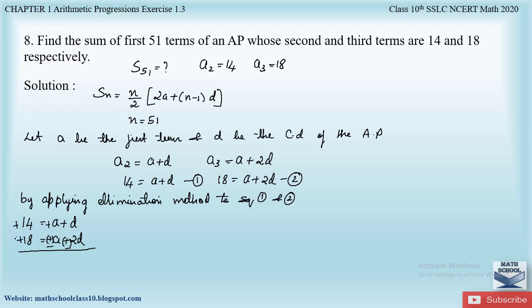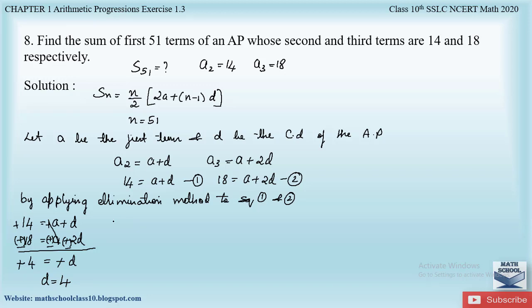This is plus and plus, changing the sign to minus. So we can cancel out the a term since it is plus and minus. Then 18 is the greater number, so the sign comes here: 18 minus 14 is 4, is equal to 2d minus d, which is 1d. So d is equal to 4.